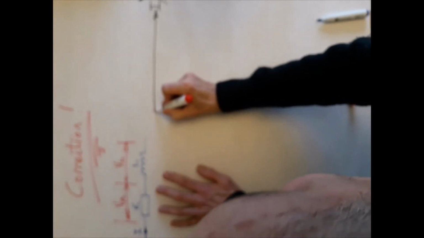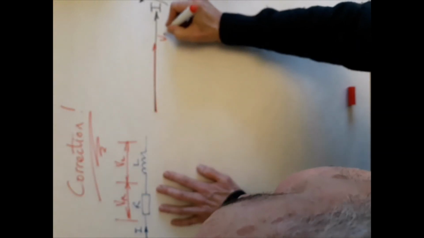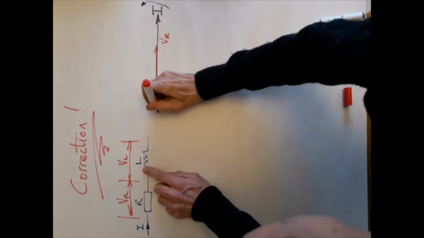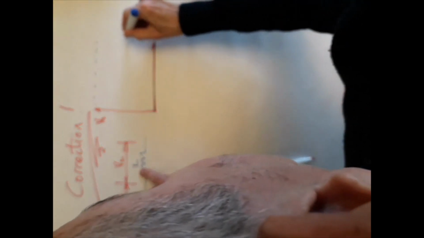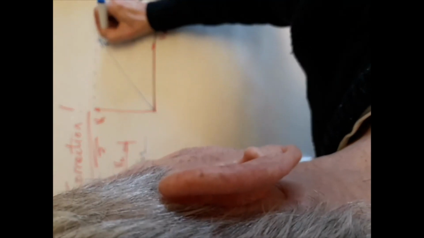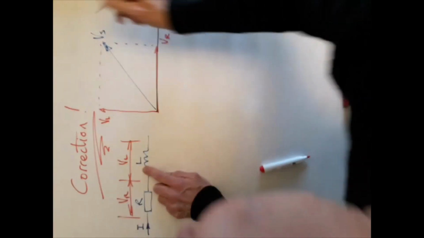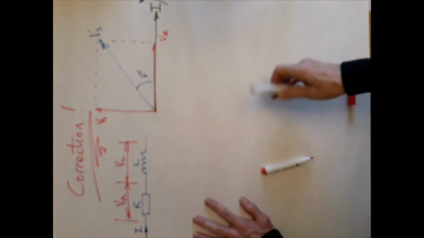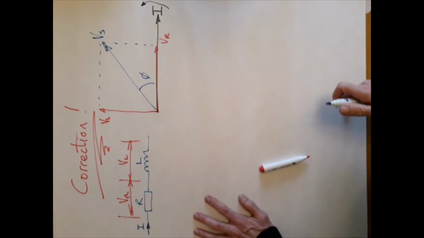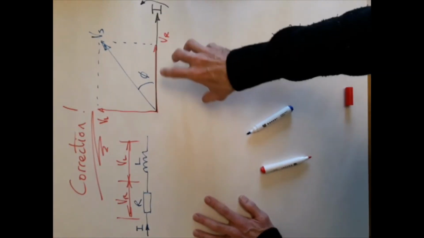That's our reference, and then VR will go in phase, and VL is going to be up there. So I believe I got it wrong way around on the actual video, which isn't very good. That's the supply voltage. There is your phase angle. So I'm going to cut and paste this in right now. The next diagram you see on the main handout will be a wrong version of that.